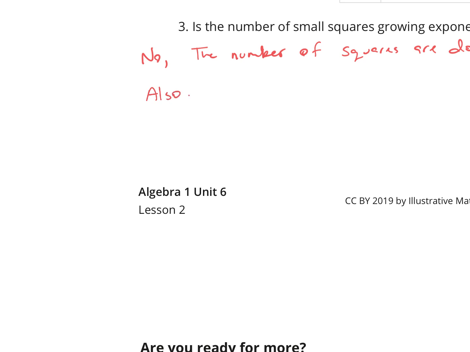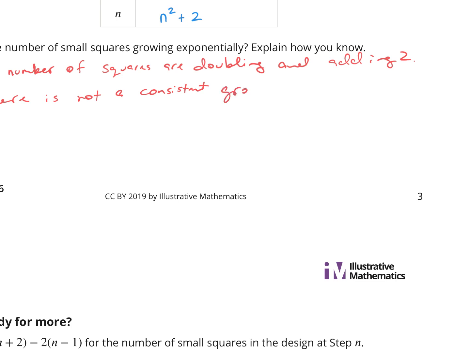Also, there is not a consistent growth factor. In fact, this relationship for this pattern is called a quadratic relationship.